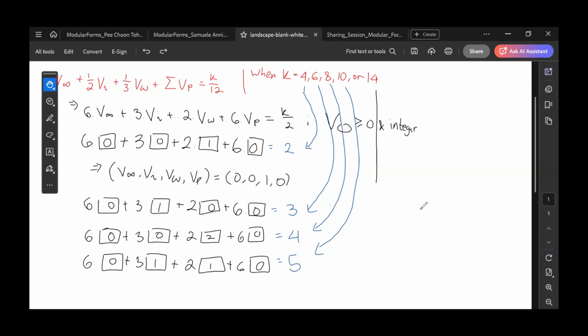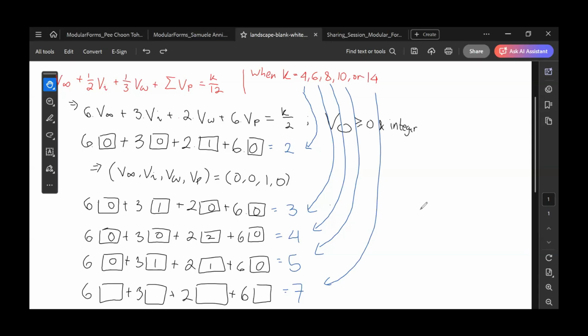And then for 14, it is 7, and the only way to do this is if this is 1, this is 0, and this is 0.